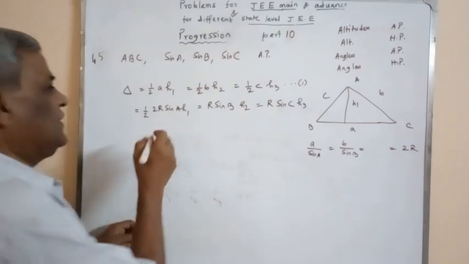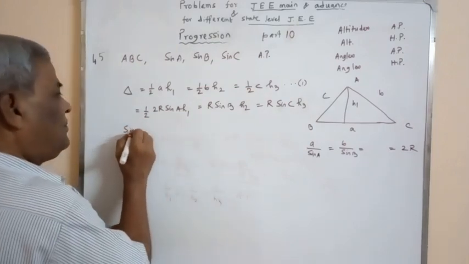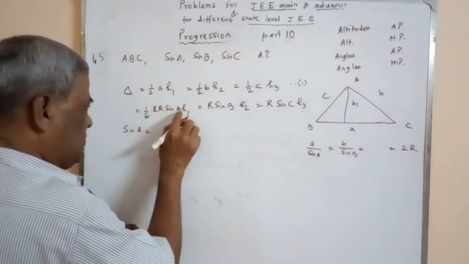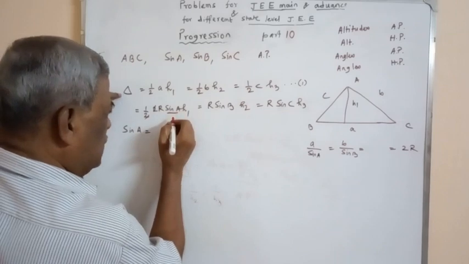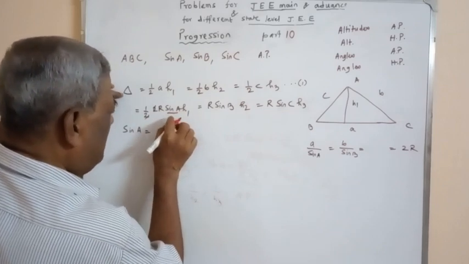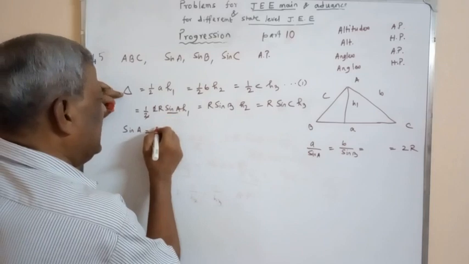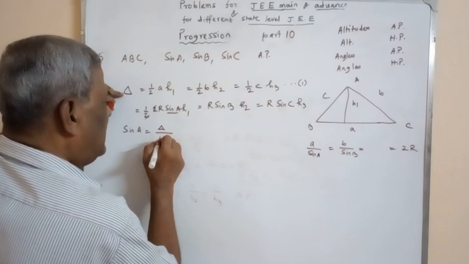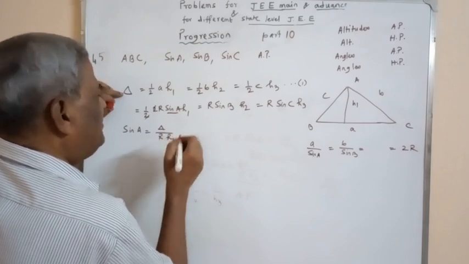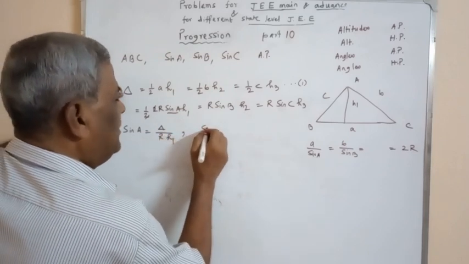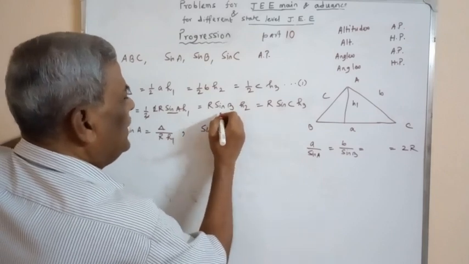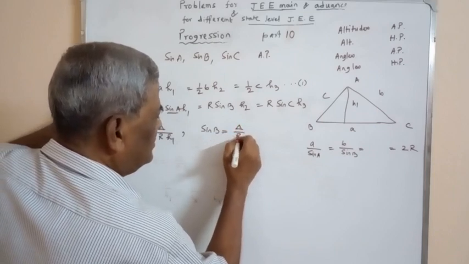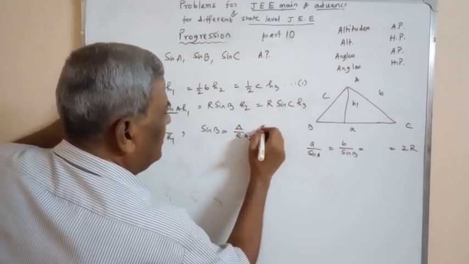So from this consideration, sine A is equal to, this cancels, equating, sine A is equal to delta by R into H1. Similarly, sine B is equal to delta by R into H2. Sine C is equal to delta by R into H3.